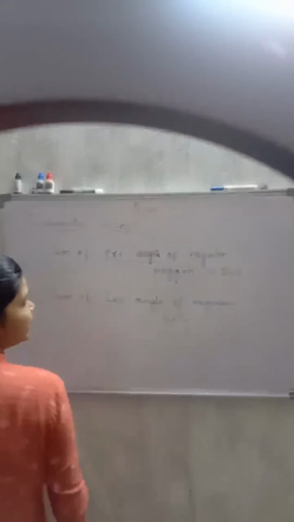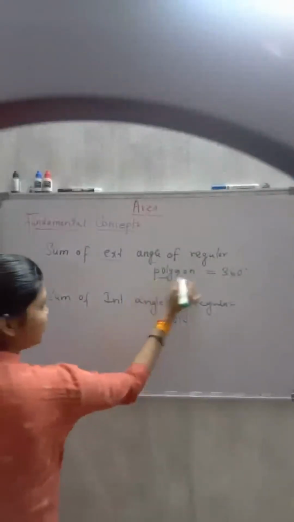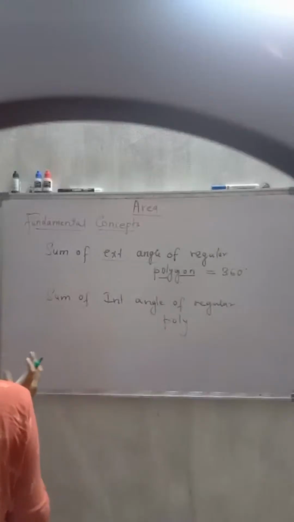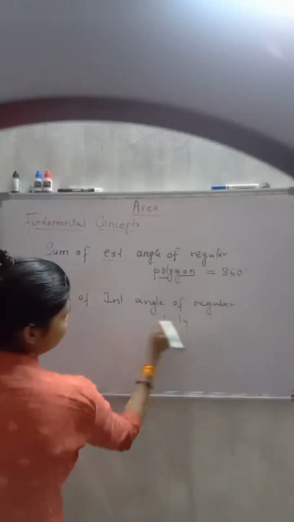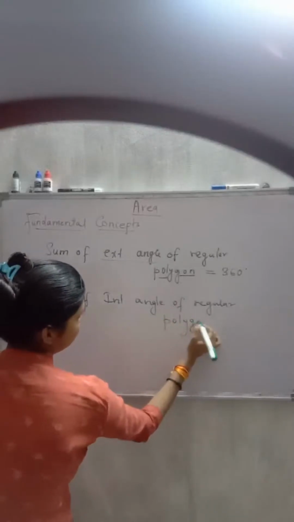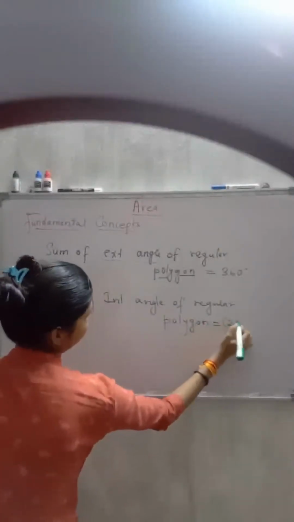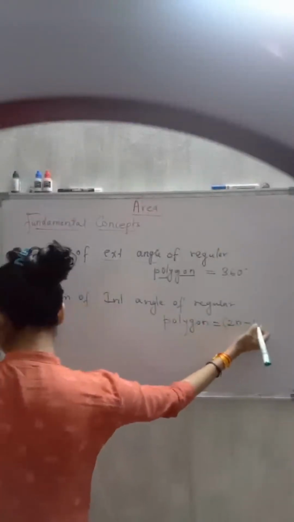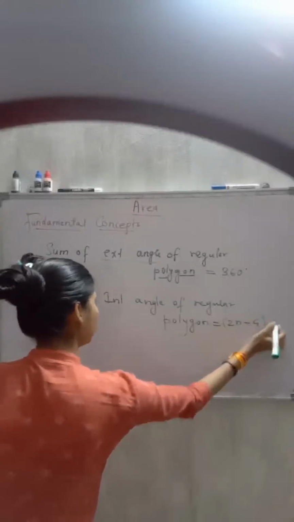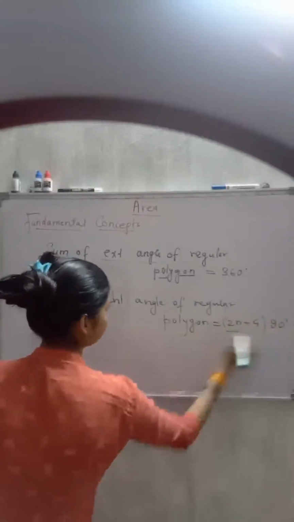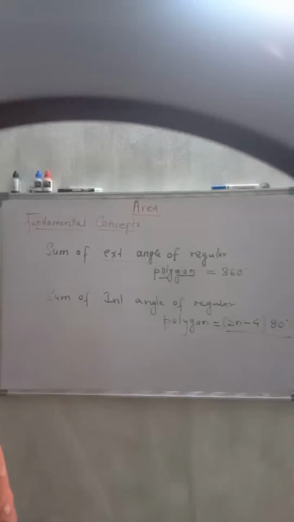Polygon, many sides. Poly means many, gon means sides. So those figures having many sides. The sum of interior angles of a regular polygon is (2n minus 4) into 90 degree.